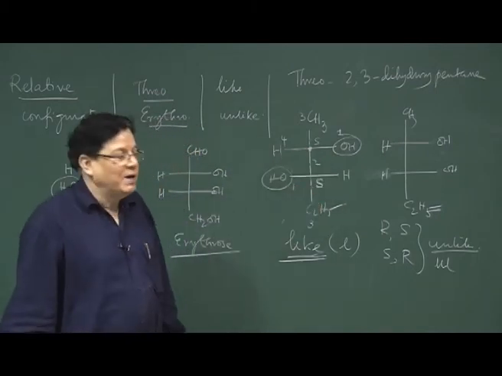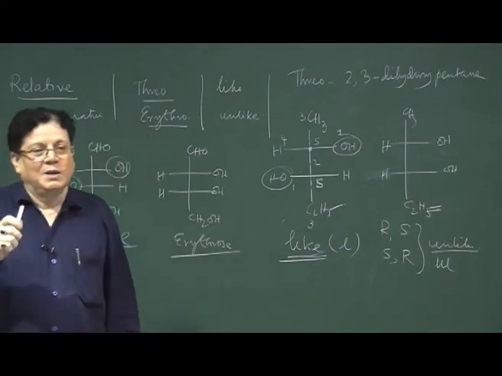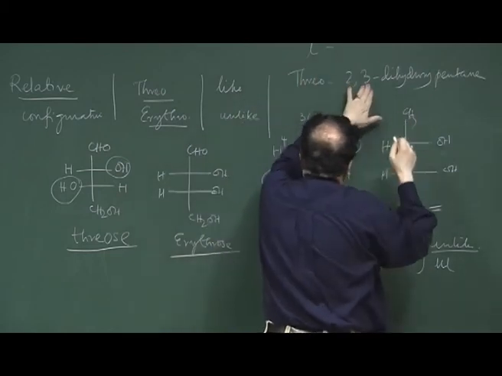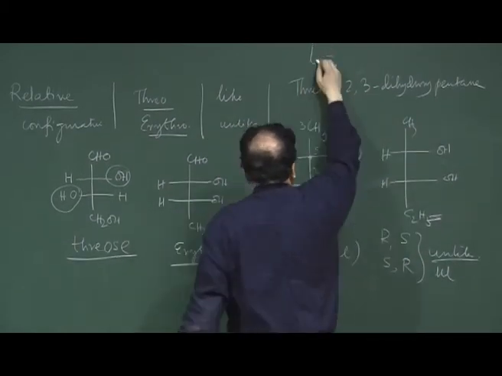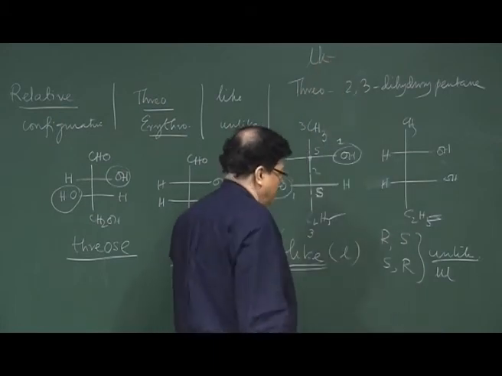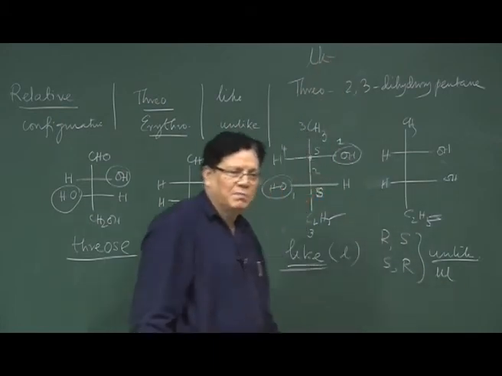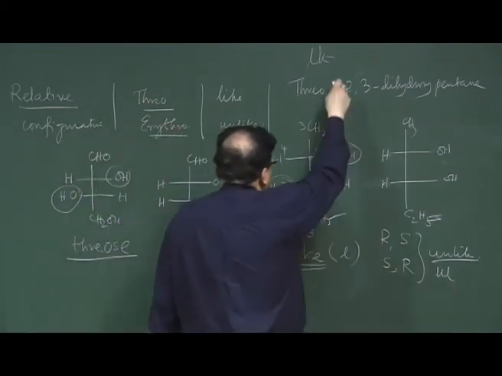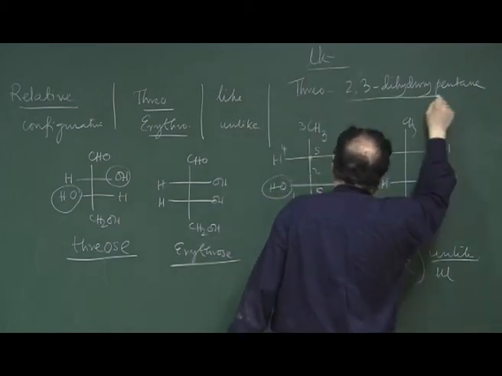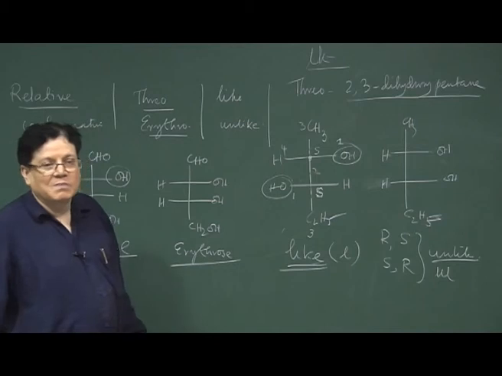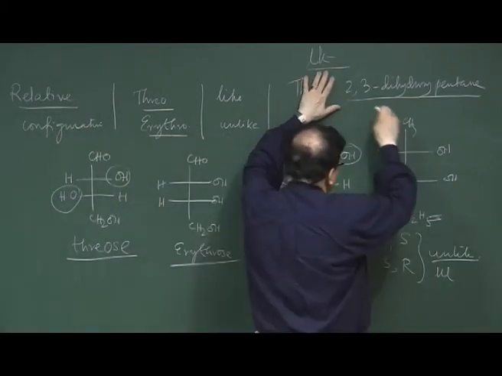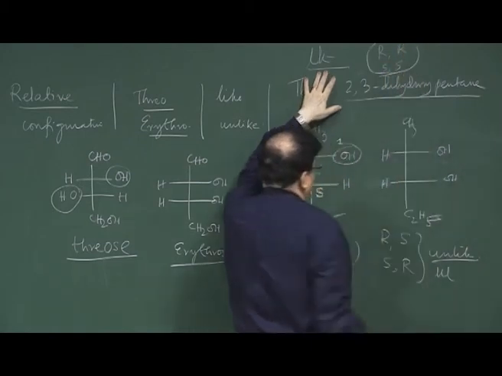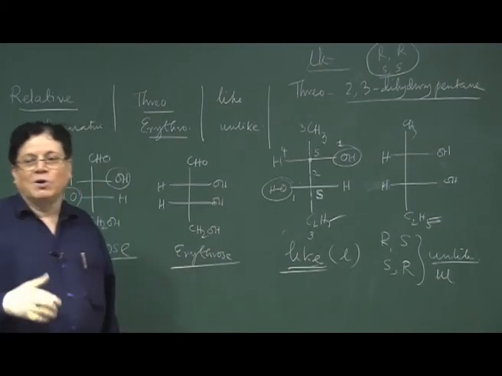If I say, write the structure of like 2,3-dihydroxypentane, that means whatever I write, this 2,3-dihydroxy should have RR or SS configuration. Earlier it was threo-erythro, now it is like-unlike.